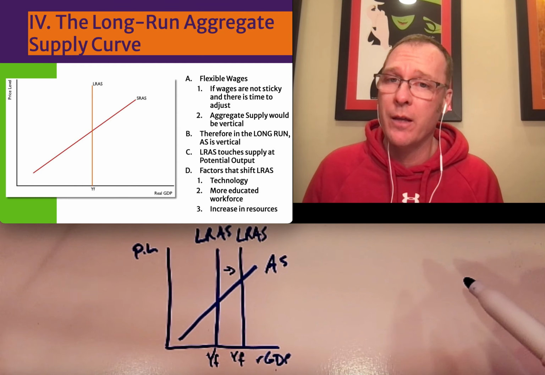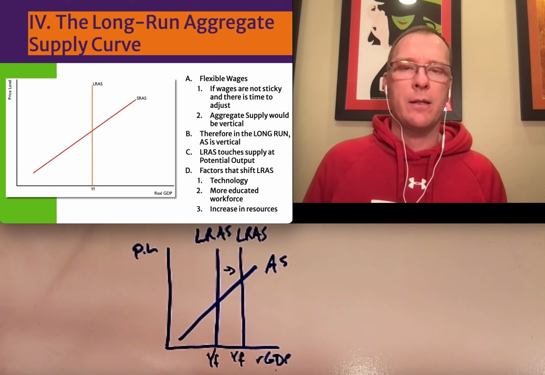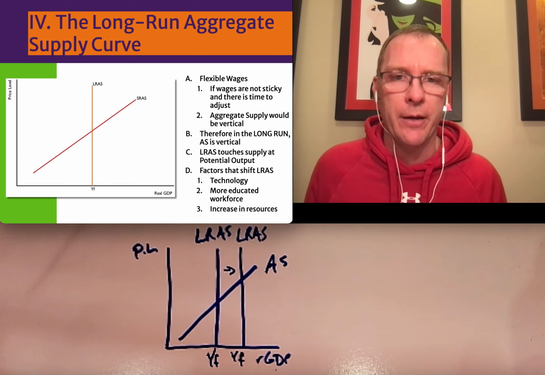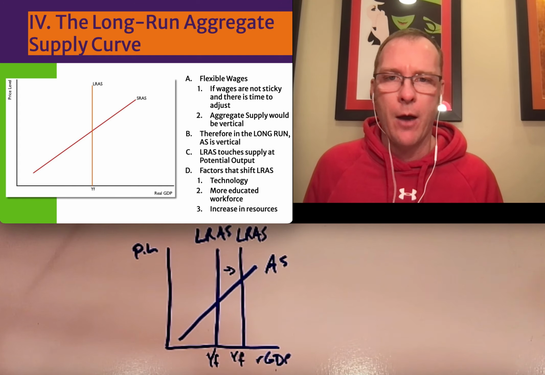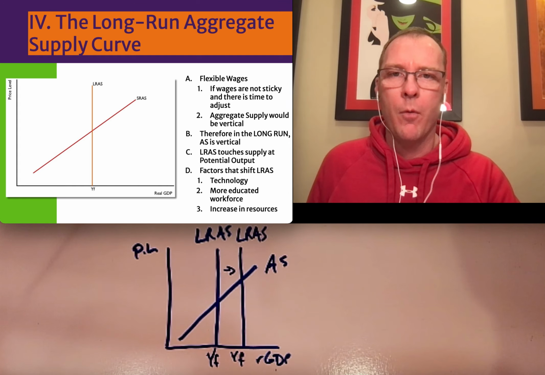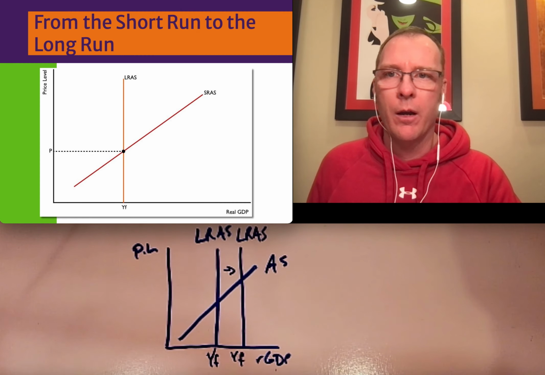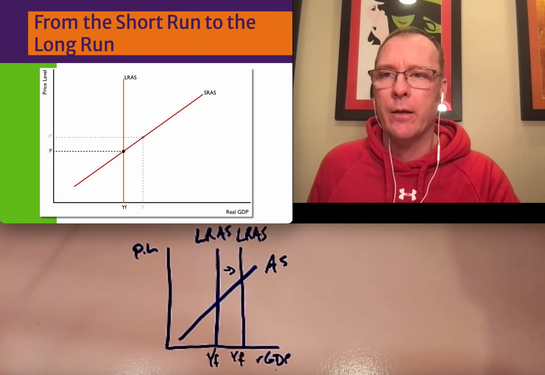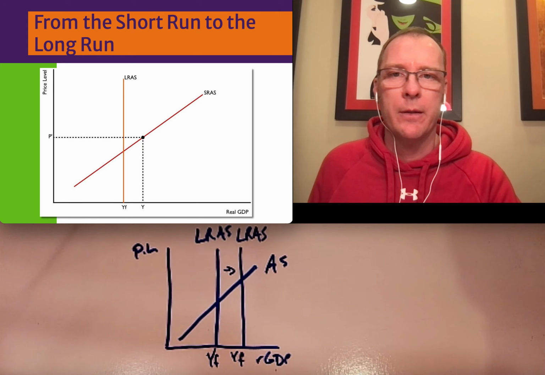So that's a pretty big deal. It would have to be something like the internet. When that happened, yes, our long run aggregate supply curve shifted to the right, because now we are able to produce more of everything and quicker, and just making everything quicker, communication wise, and then getting it to places.